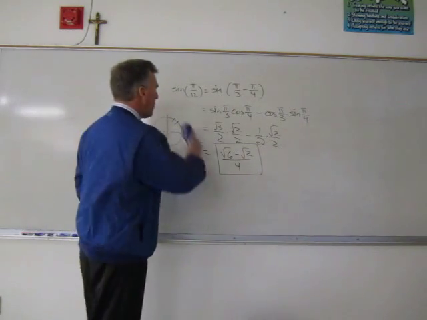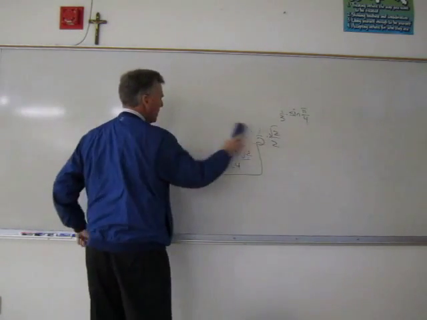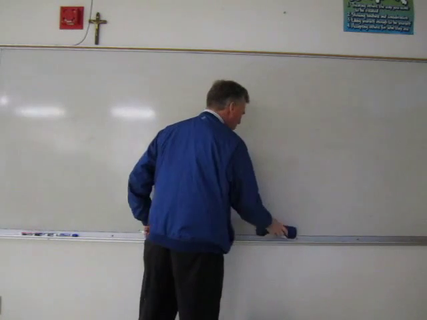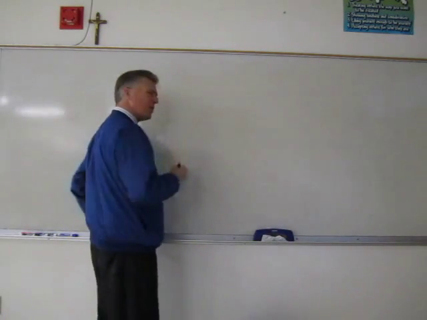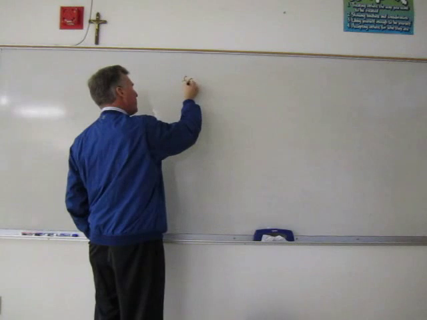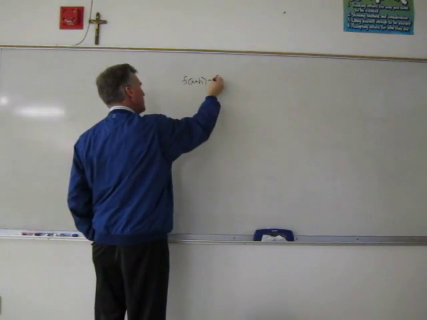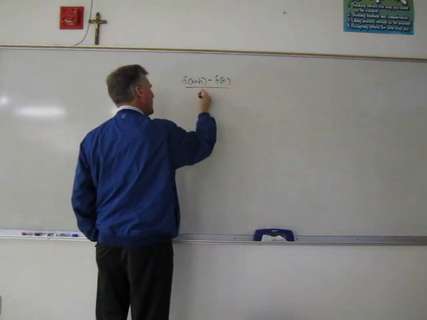Because if you go back, let me erase the board here. If you go back to a little earlier in the year, we did something called the difference quotient. F of x plus h minus f of x over h.